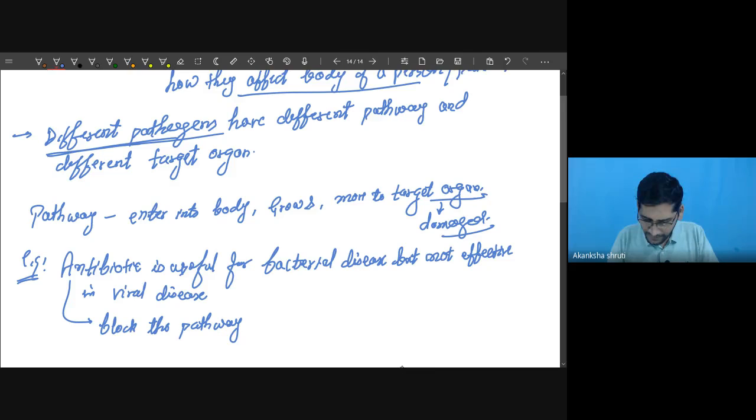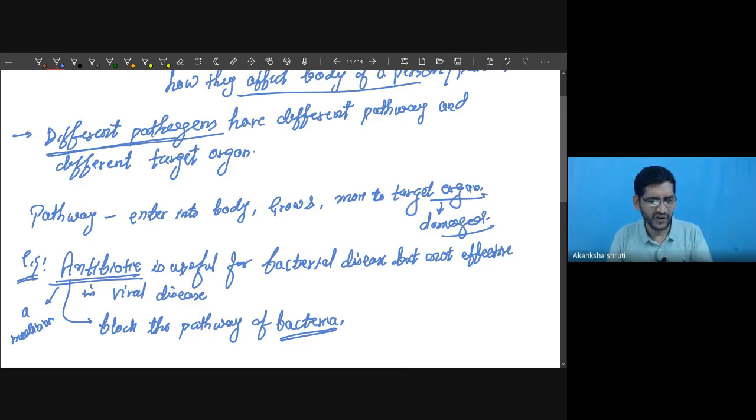So that blocks the pathway of bacteria. In this way, the bacterial disease comes under control by applying the medicine called antibiotic. Getting it? Antibiotic is what? A medicine. Getting it, students?